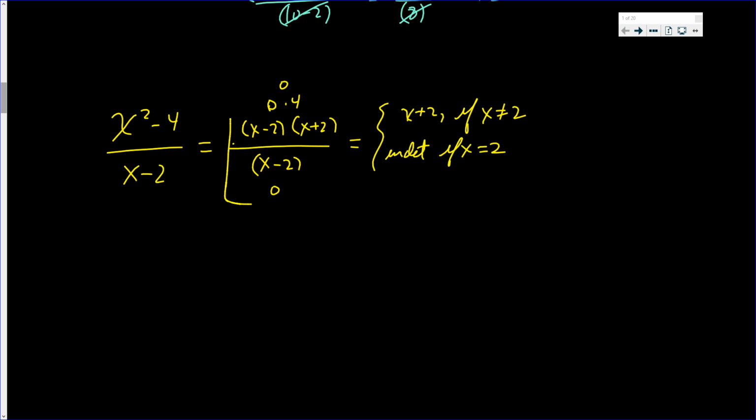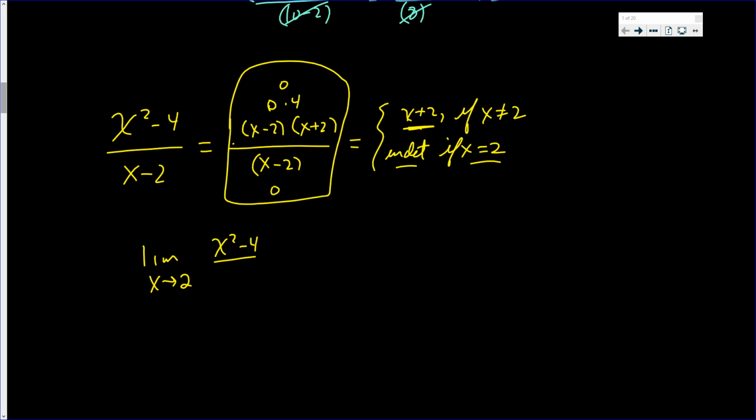This is a piecewise function. Most times, it's x plus 2. But not when x is 2, it's indeterminate. So when I ask you for the limit as x goes to 2 of this mess, it equals the limit as x goes to 2 of maybe something else.